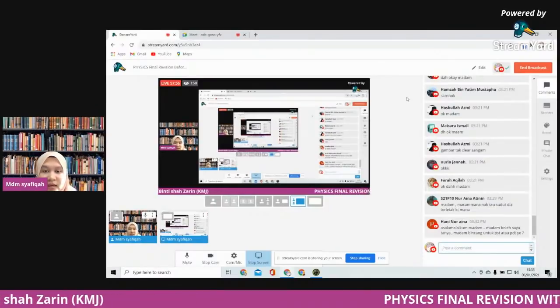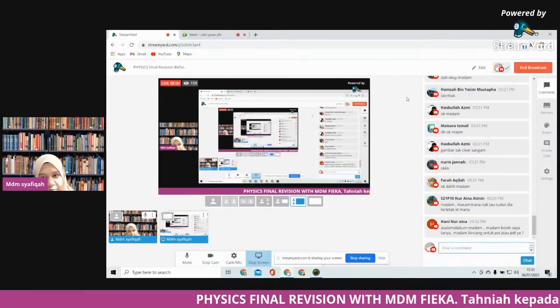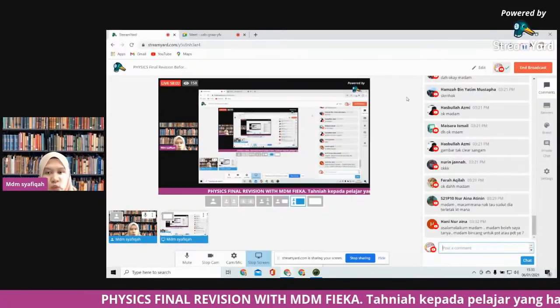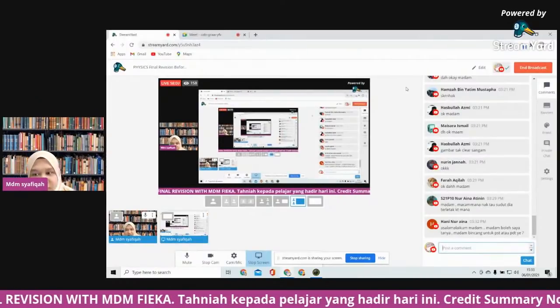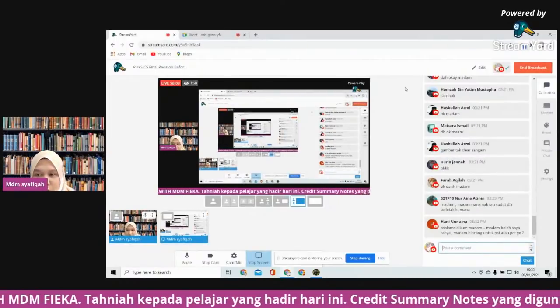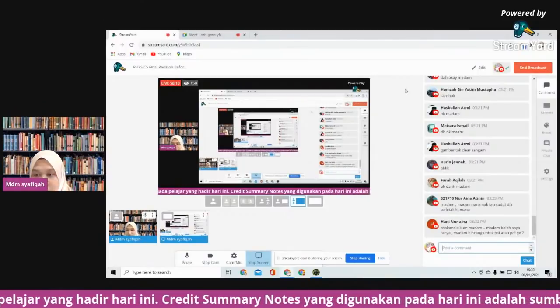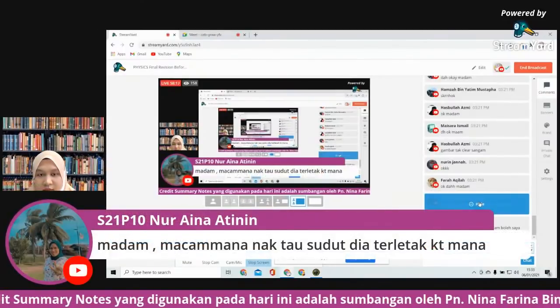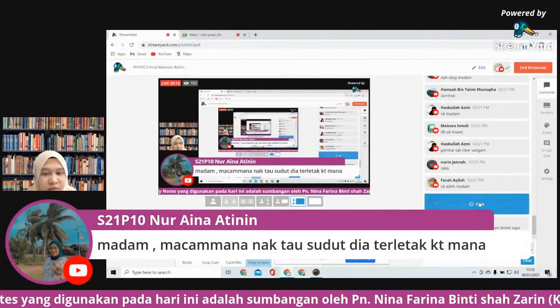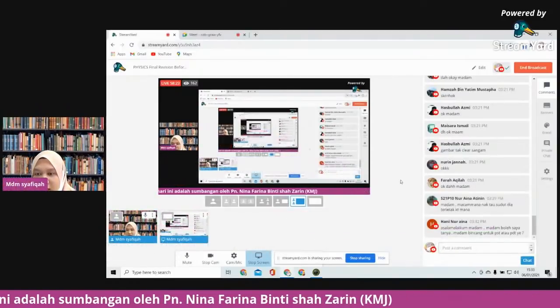Cumanya PST contoh macam chapter 3 tadi. PDT tak ada 2D collision. Okay? Boleh? Tapi PST dia ada. Sebab tu kalau you PDT, you tak belajar 2D collision. Okay, you belajar 1D collision only. Okay? Nur Aina Atinin. Okay, kalau you baca macam mana nak tahu sudut dia terletak kat mana? Which sudut Aina? Okay?